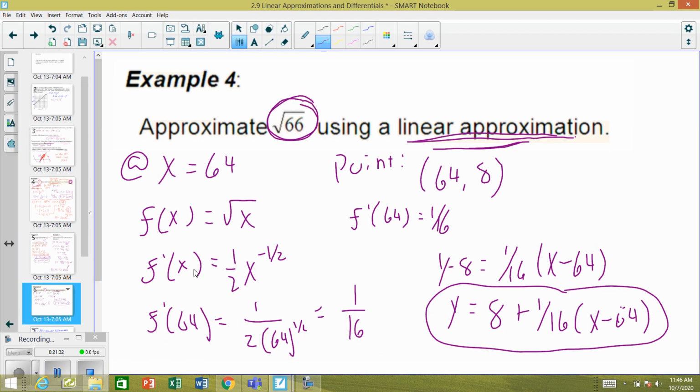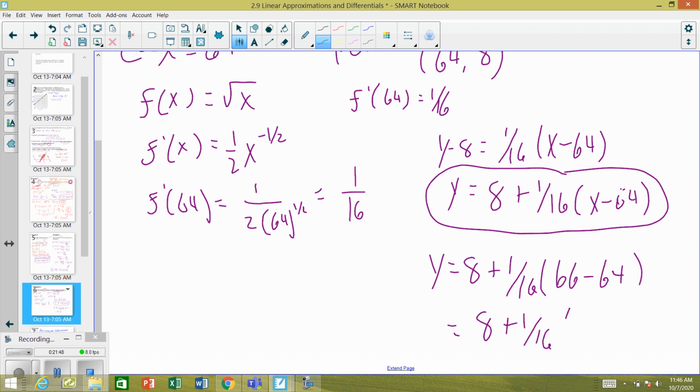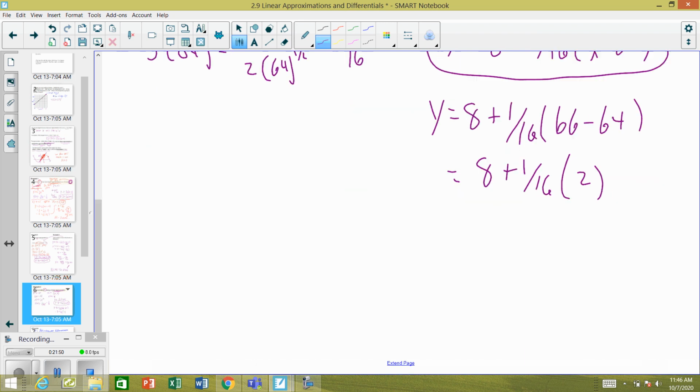So let's do that. Let's plug in 66 into this and see what it is. Y equals 8 plus 1/16, and then 66 minus 64. And this is easy to compute, right? 8 plus 1 over 16 times 2. And that is 8 plus 1 over 8.